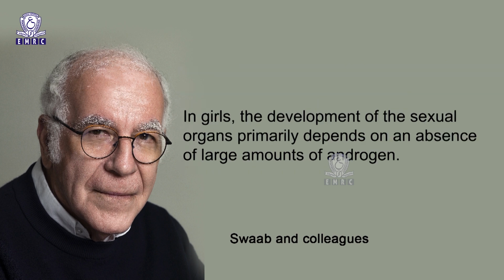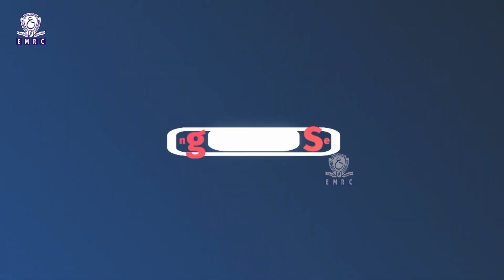In girls, the development of the sexual organs primarily depends on the absence of large amounts of androgen. The masculinization or feminization of the nervous system and behavior occurs later in gestation and results predominantly from the permanent organizing effects of testosterone in the second trimester of development.